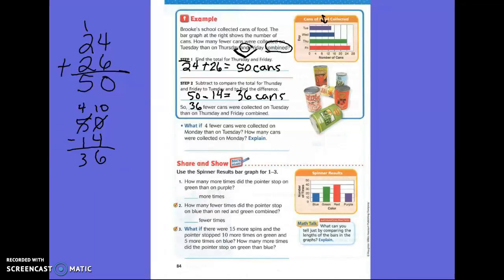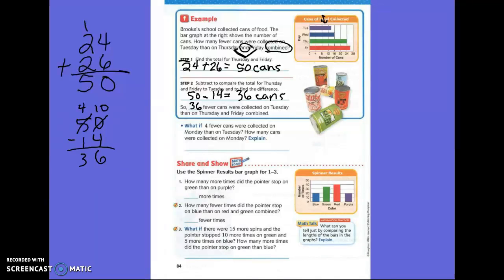The question below this says, what if 4 fewer cans were collected on Monday than on Tuesday? How many cans would be collected on Monday? This is a one-step problem. Is there a Monday up there?